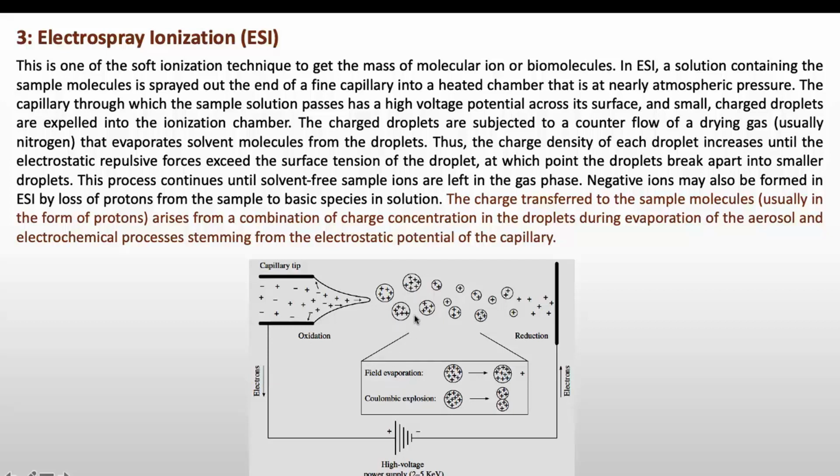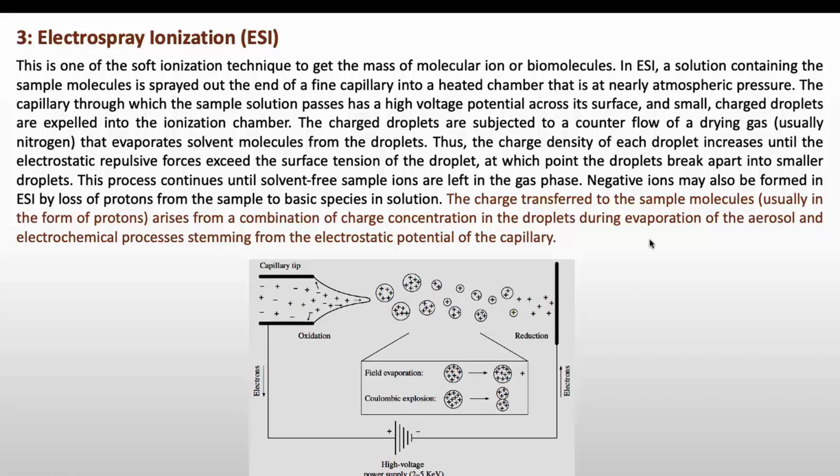that evaporates solvent molecules from the droplets and converts them into smaller droplets, at which point the droplets break apart into even smaller droplets, and this process continues until solvent-free sample ions are left in the gas phase. So finally we are getting ions here. Negative ions may also be formed in this method by loss of protons from the sample to basic species in solution.